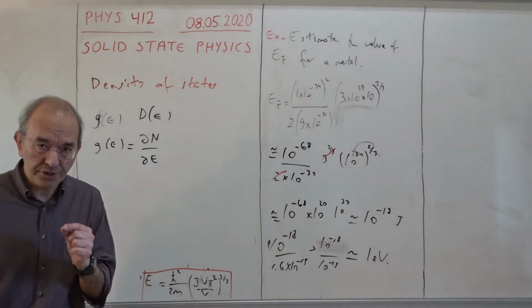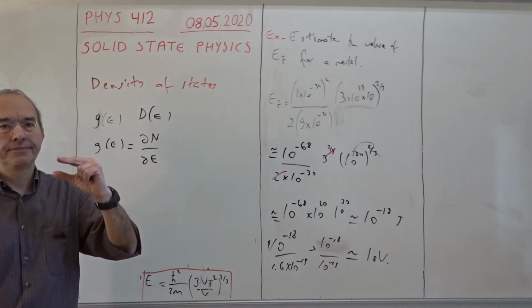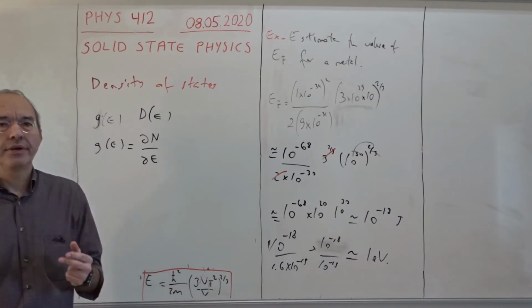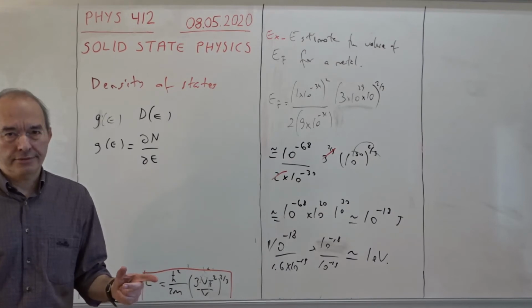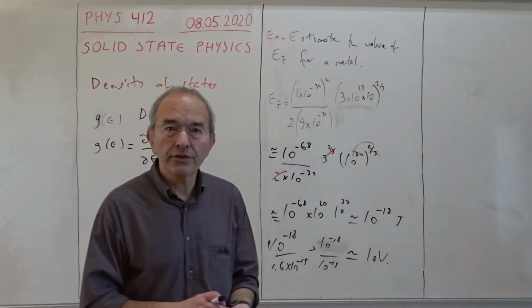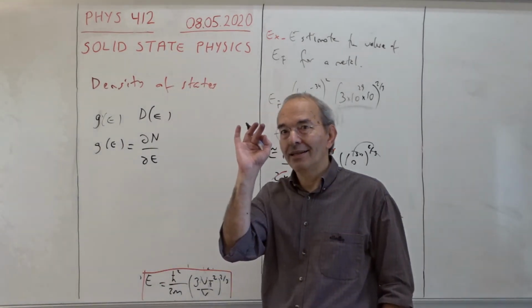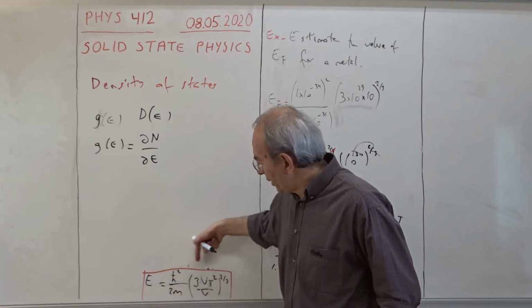The important point here: Fermi level is a single value. It is the greatest energy an electron can have for a metal at 0 Kelvin. But this expression is not only valid for finding that single value of EF, but for any energy E.